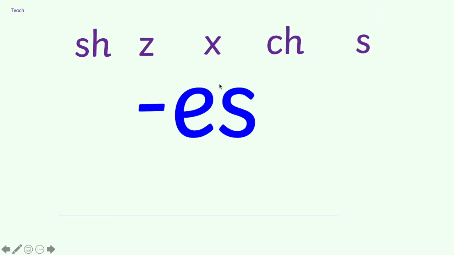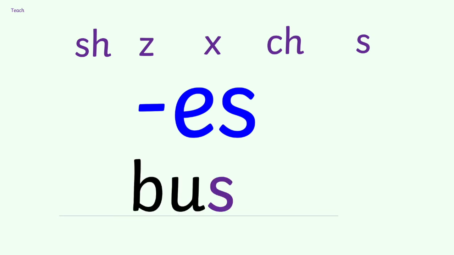These words we need to add ES because it wouldn't look right and it would be difficult to say if we just added an S by itself. Let me give you an example. This is the word bus, and you can see that, look, it ends in an S, and the S sound is one of those sounds that needs this ES ending. So to make one bus into buses, we add ES, buses.